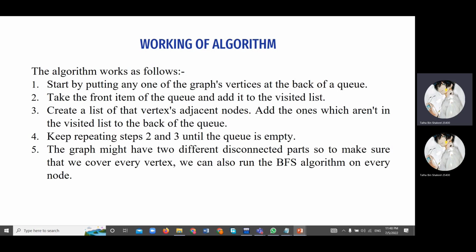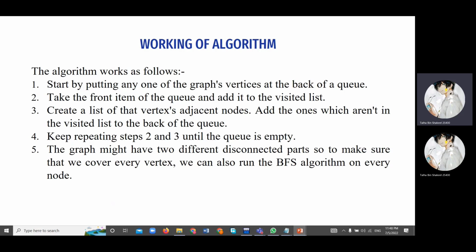Working of the algorithm. So how does this algorithm work? Start by putting any one of the graph's vertices at the back of a queue. What is a queue? A queue has the functions enqueue and dequeue, first in first out. So take the front item of the queue and add it to the visited list. We have created an array of 5 indexes for the visited list, the same as for the queue.